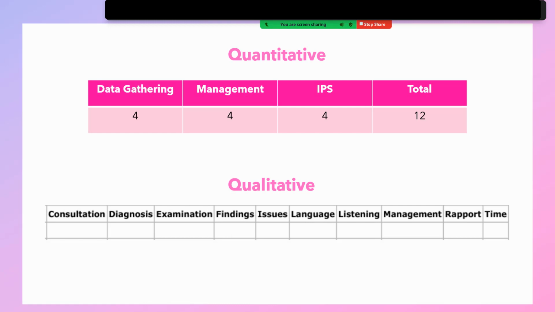Let's talk about the marking criteria. Why do you need to know about the marking criteria? Because simply you are going to have this exam. You have to know what is required from you on the day of the exam, what they are looking for in the exam as well. Okay?